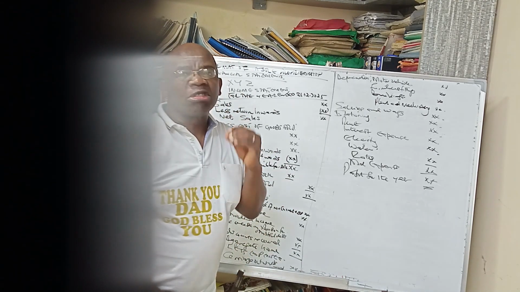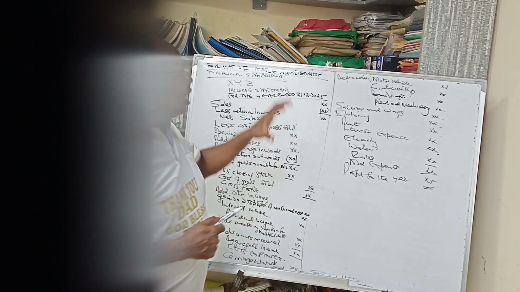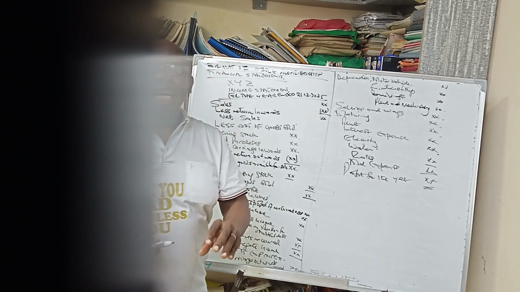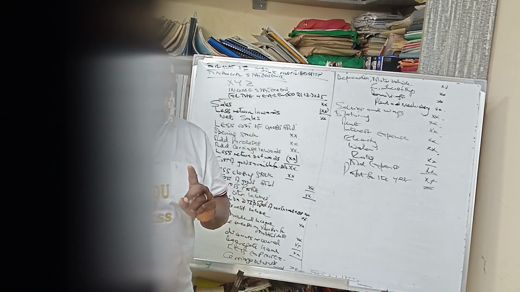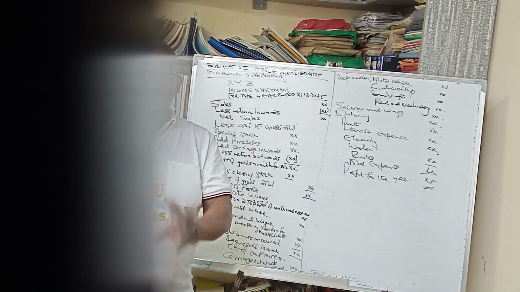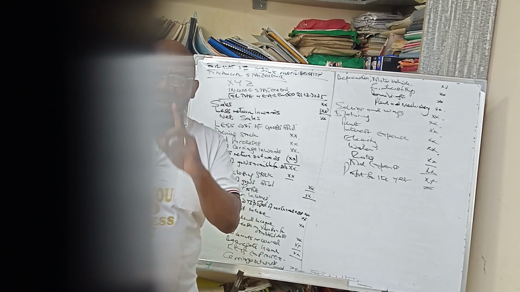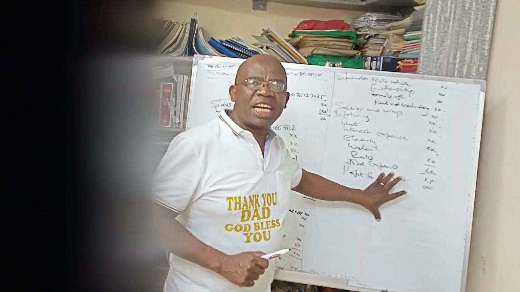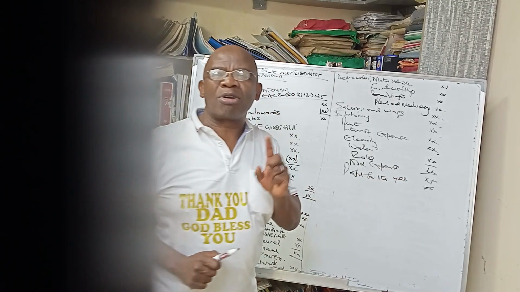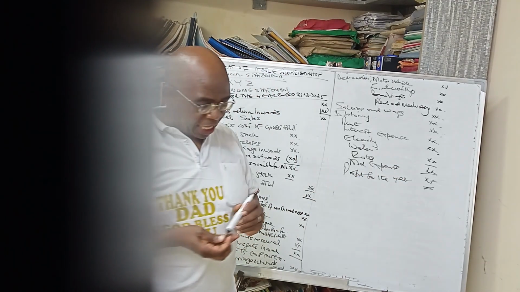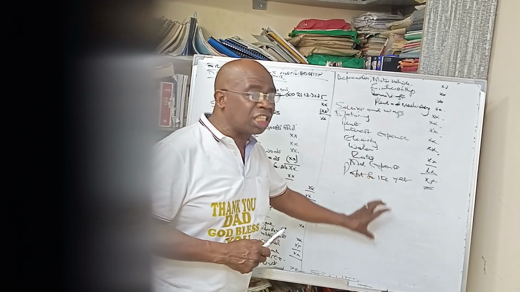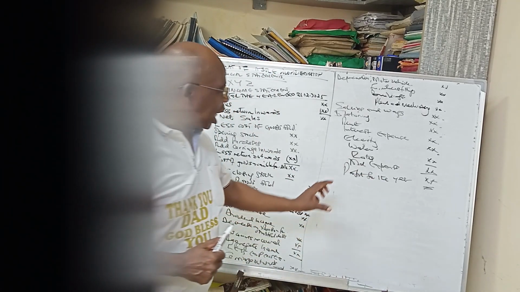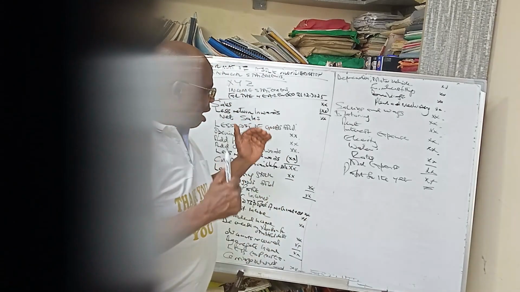Now, what you need to realize is that the income statement of a sole proprietorship is prepared exactly the same way as the income statement of a partnership, but there is an additional part called the appropriation account.